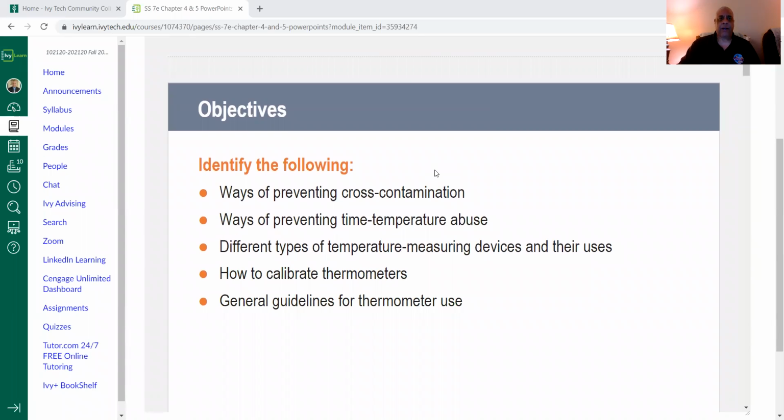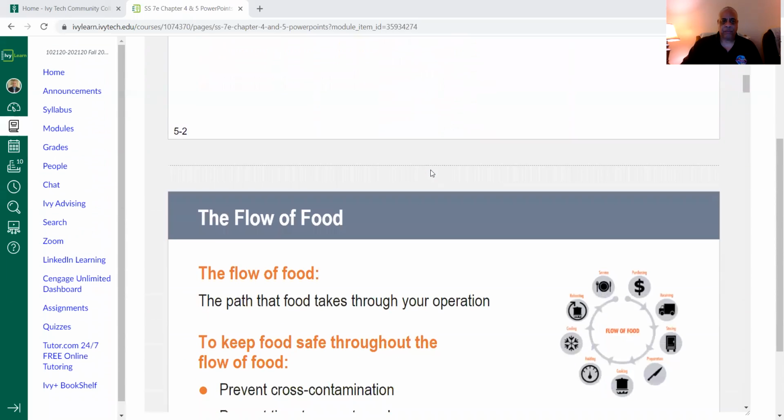The objectives of this video talk about ways of preventing cross-contamination, ways of preventing time temperature abuse, different types of temperature measuring devices and their uses, also how to calibrate thermometers. And then there are going to be general guidelines for thermometer use.